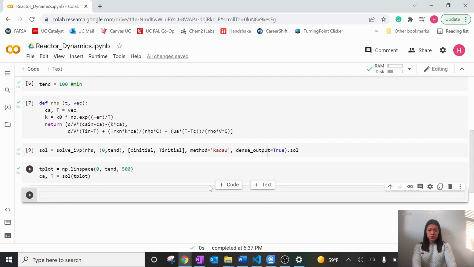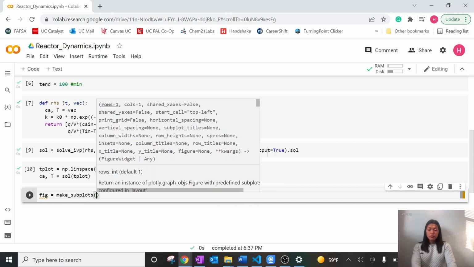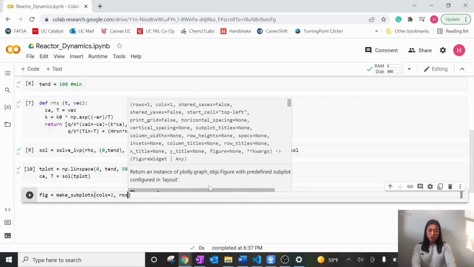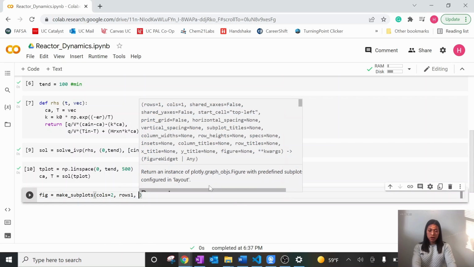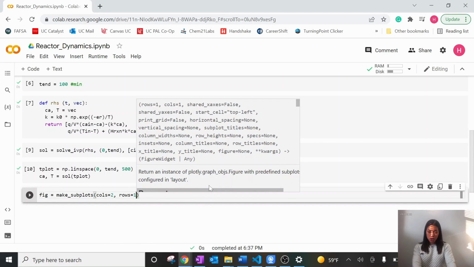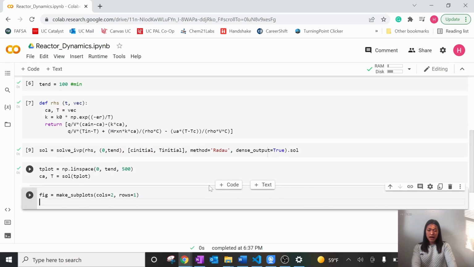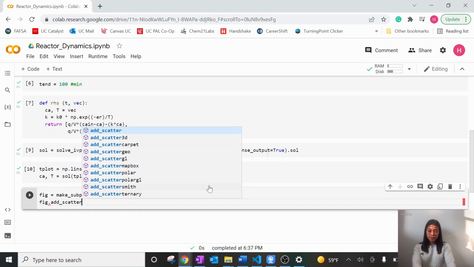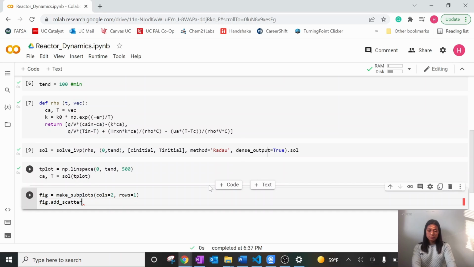The first thing we're going to do is make a subplot. So we're going to name it fig equals make_subplots. For this subplot, we're going to have 2 columns and 1 row, so it will plot the concentration on one side and the temperature on the other. Now we can add to our subplots. We're going to do fig, which is the name of our figure, dot add_scatter.